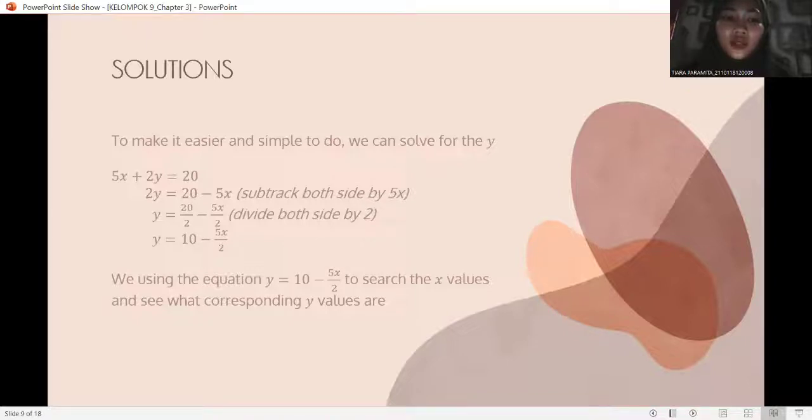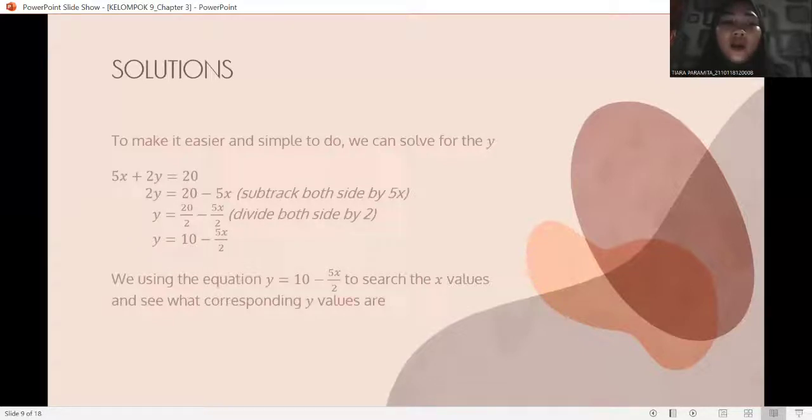So, subtract both sides by 5x. 5x minus 5x plus 2y equals 20 minus 5x.